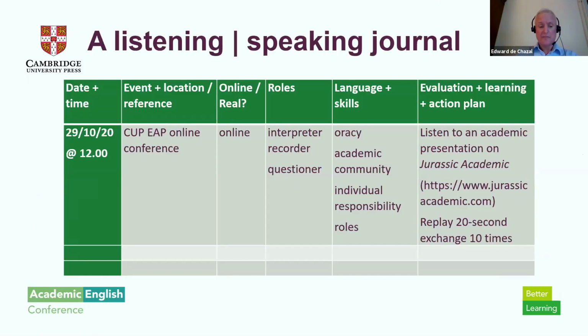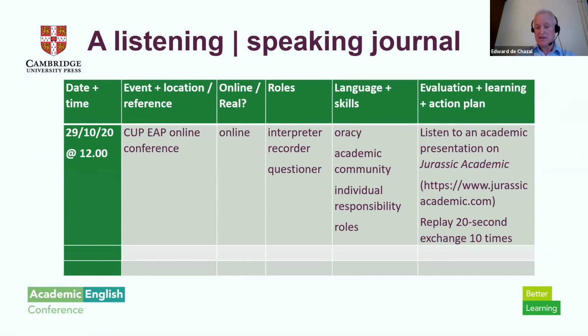A practical tip here is to develop a diary. So here's an example. I've used this event as an example. So it's today, this time, this location, online, of course. You can individually pick out the role, which we're going to come to in a minute, and the language.